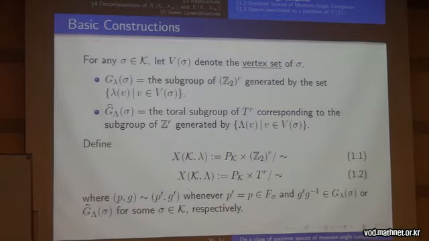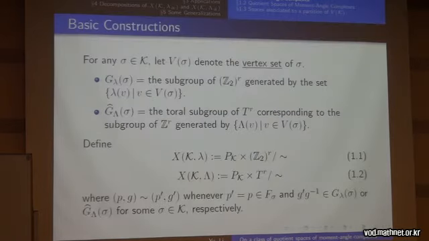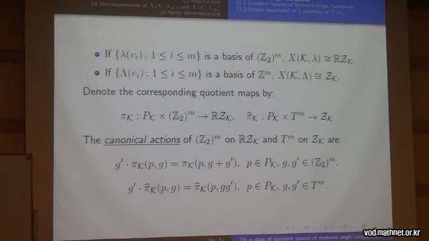So you see, because there's no restriction on the coloring, for any such coloring we can construct such a space. And in particular, if we color the vertices by a basis of Z_2^m, where m is the number of vertices of K, then this construction gives us the real moment-angle complex and the moment-angle complex.